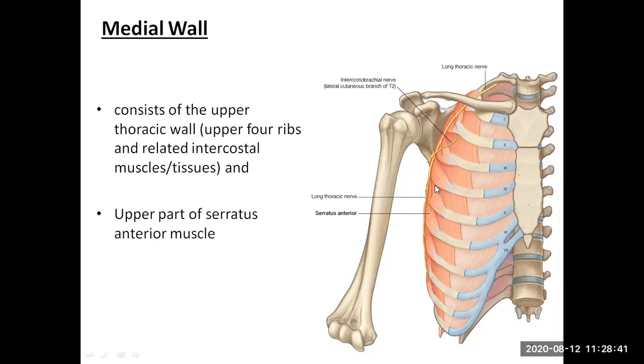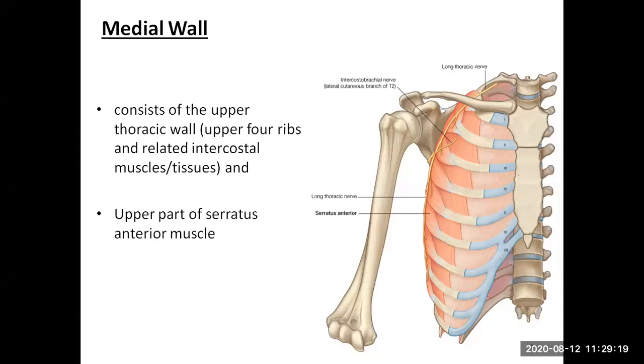The space between two ribs is called the intercostal space, and the tissues in them are termed intercostal. If it is muscle, it is intercostal muscle; any other soft tissues fill up the space.